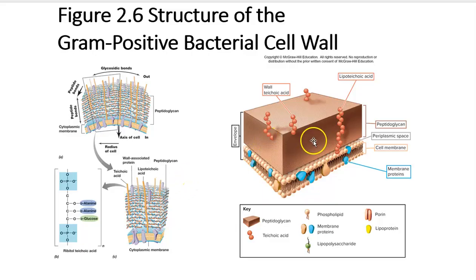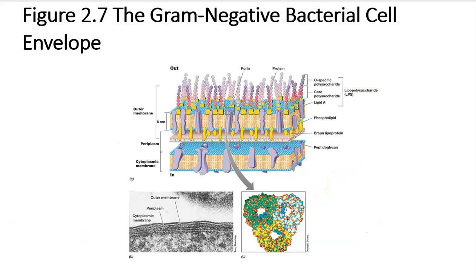You go from the peptidoglycan layer into your membrane, okay? Gram-negatives, you have an LPS, lipopolysaccharide outer membrane, you have a space, you have a thin peptidoglycan layer, and then you have your membrane. Okay, that's the big difference.